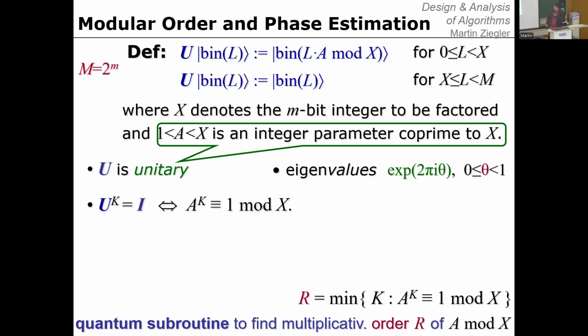And here it is. So if we raise this unitary operator U to the kth power, and the result is the unit matrix, that's the same as if we raise the integer A, remember the random number A, to the k, and the result is 1 modulo X. And this is the least such k, that's the order.